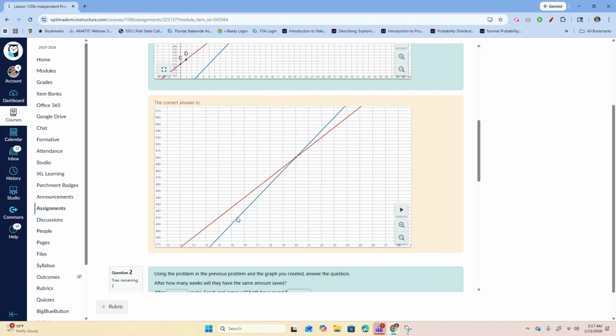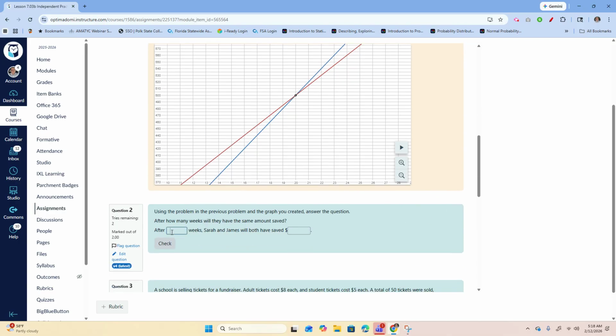So if you look at the point of intersection here, it says 20, 500. It means it took both of them 20 weeks to save the same amount of $500.